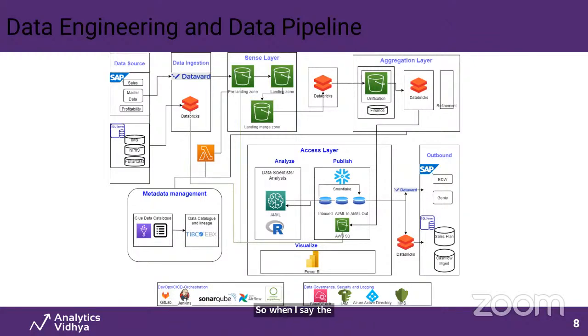So when I say the common zone, all the other teams will have the same setup like ours, but their data source may be different from our data source. Everyone will finally put the processed data in the unification layer, and only the required data will be accessible for that particular team.